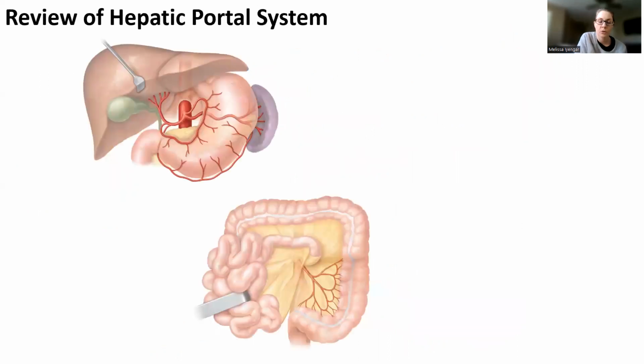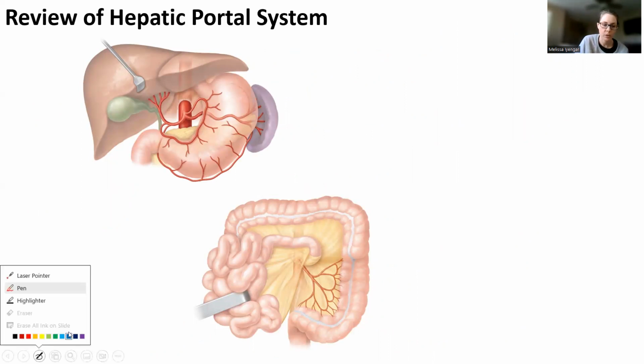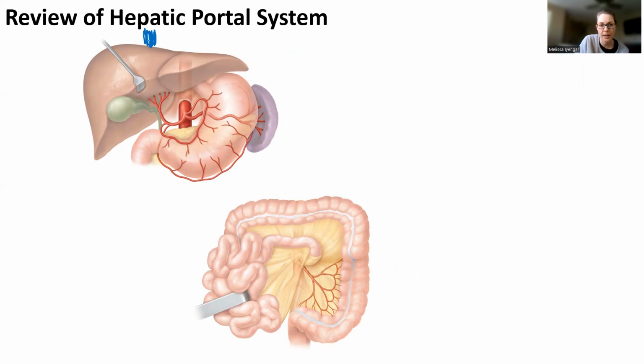So the drainage of the abdomen is slightly different too, because you have a hepatic portal system, right? So over here, you have inferior vena cava coming out back behind the liver right there. And this is why we have these sets of veins from the liver that are called the hepatic veins.